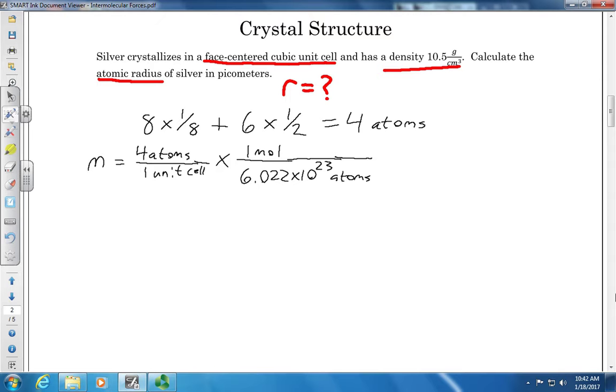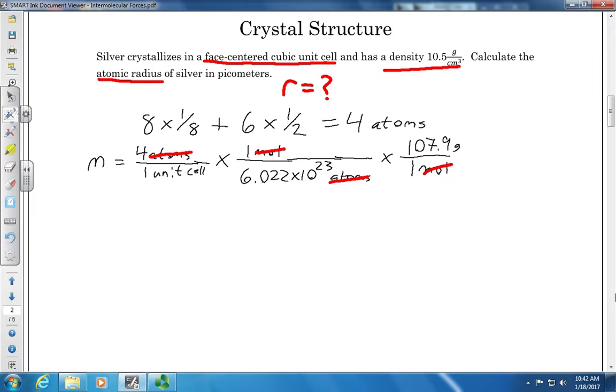And then we can use the molar mass of silver to figure out the actual mass of the unit cell. If you note, with dimensional analysis, our atoms cancel out, our moles cancel out, and we're left with grams per unit cell.